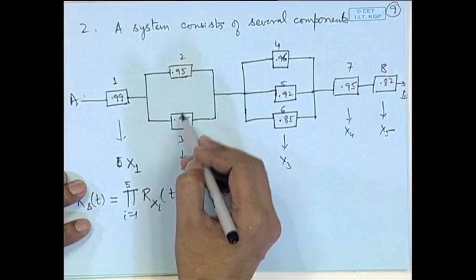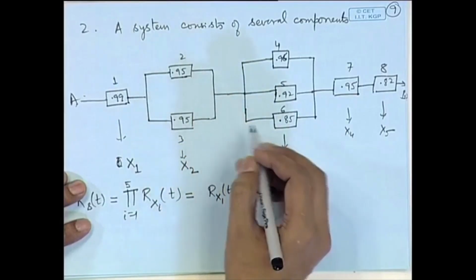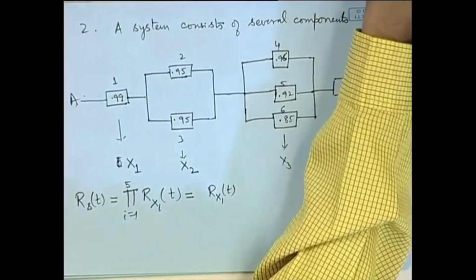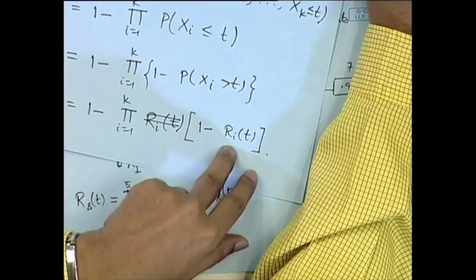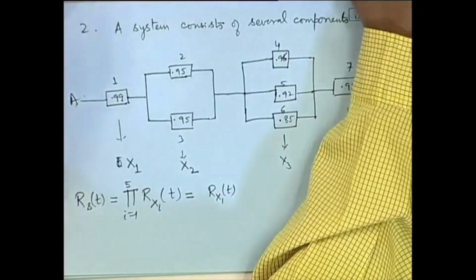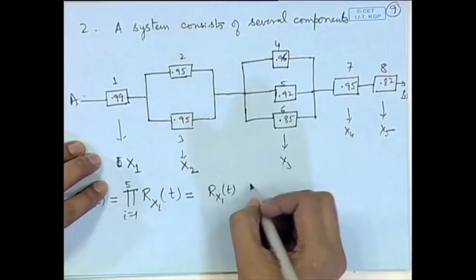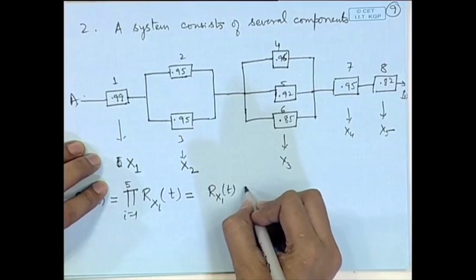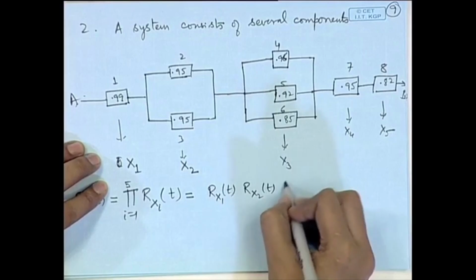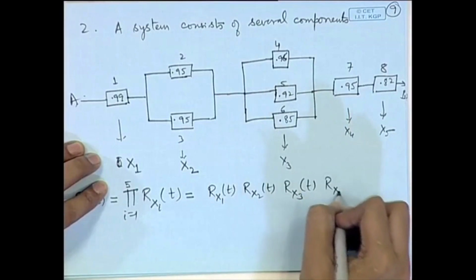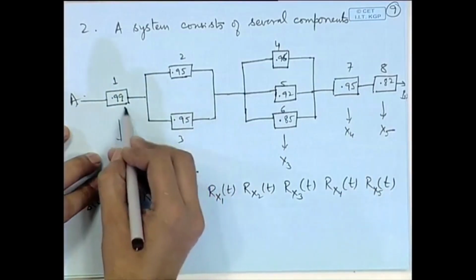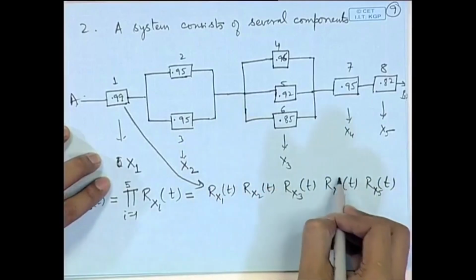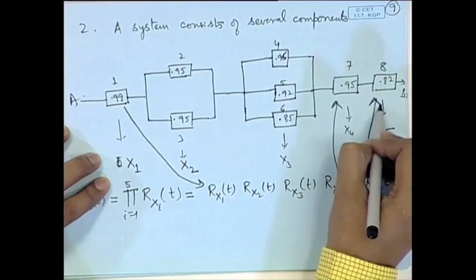The reliability of this is given by the formula for the reliability of a parallel system, 1 minus the product of 1 minus the reliabilities. So, let me first write R_X2(t), R_X3(t), R_X4(t) and R_X5(t), where R_X1(t) is given by this number, R_X4 is given by this number, R_X5 is given by this number.